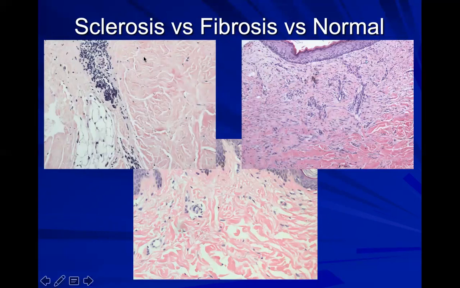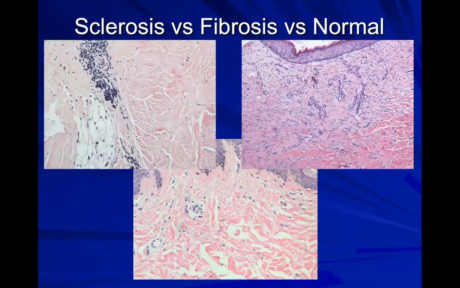This, in contrast, is sclerosis. You can see you have more collagen packed in there. But if you took a section here and looked at it, you would have a lower ratio of fibroblasts than you do here. That is sclerosis. Here is fibrosis. This is a scar forming. If you took a section here, you could see that the collagen is more dense. It's oriented horizontally because collagen's firm. You pack it in, it's going to kind of orient.